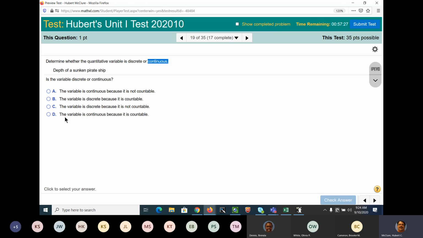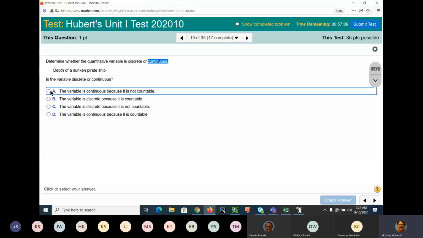It's either alpha or delta. Which one is it? D. Well, countable is discrete. So it would be A. Okay.